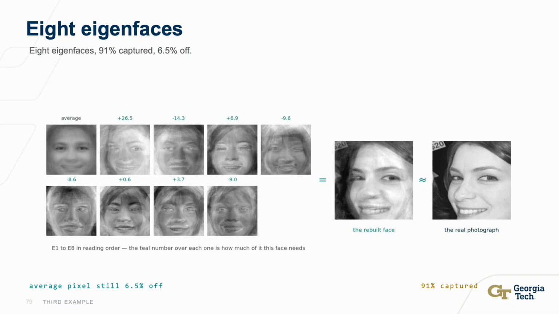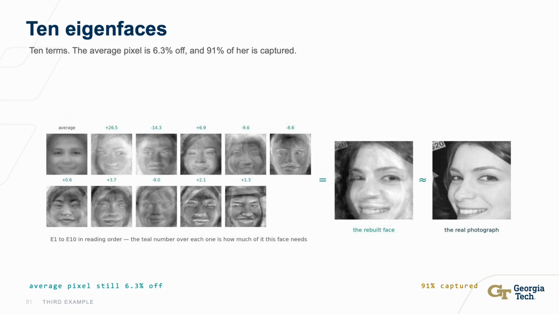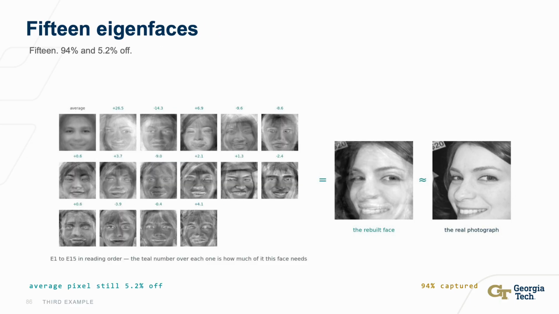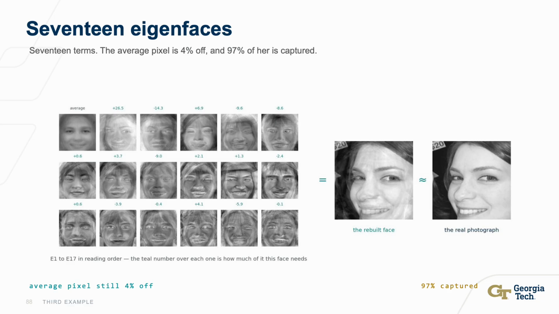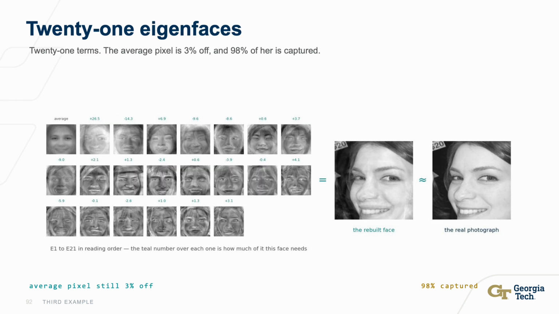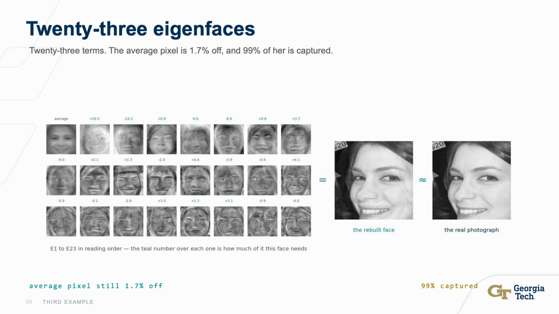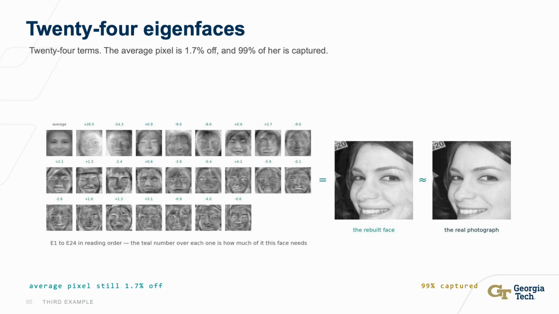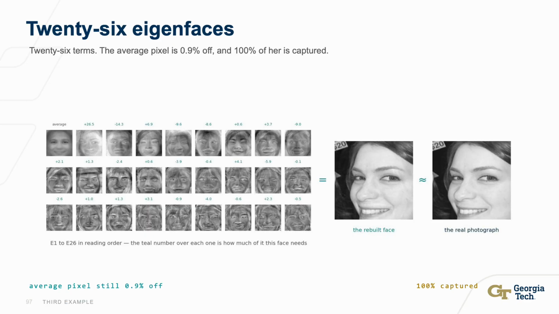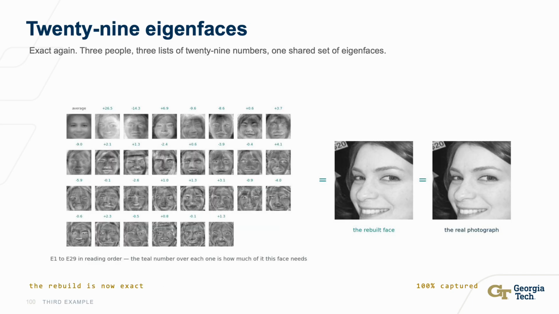Third set of amounts, same knee in the same place. 9, 10, 11, 12, 13, 14, 15, 94%, 16, 97, 17, 18, 19, 20, 3.5% off, and the 9 still to come will make a noticeable slice of a class to click through for almost no visible gain. 21, 22, 23, 99%, 24, 25, 100% to the nearest whole number. 26, 27, 28, exact.